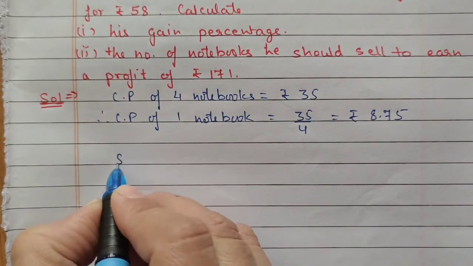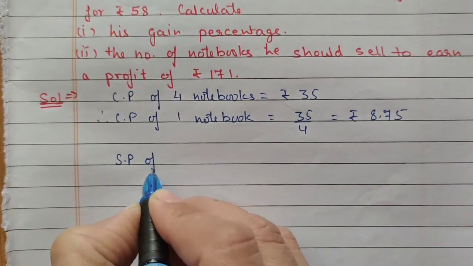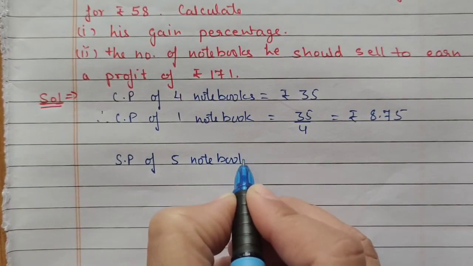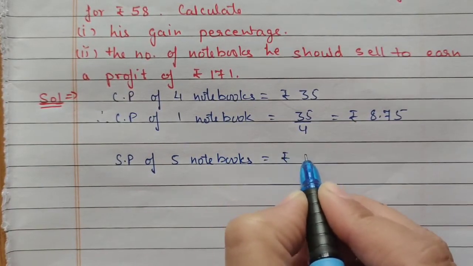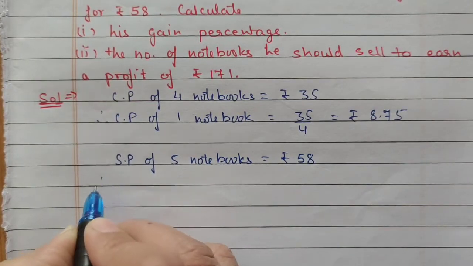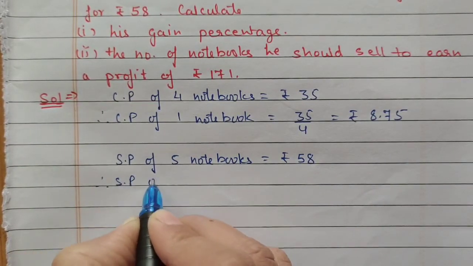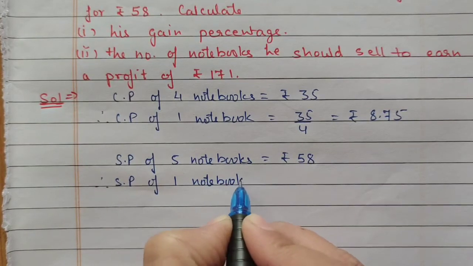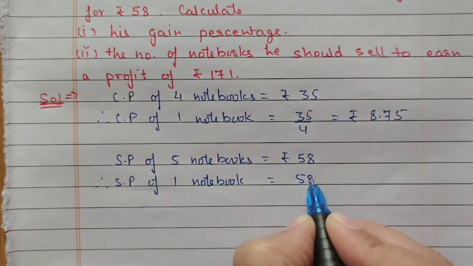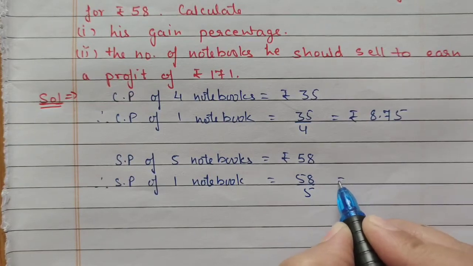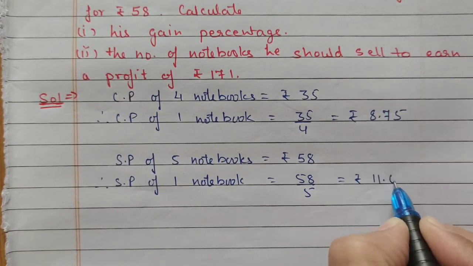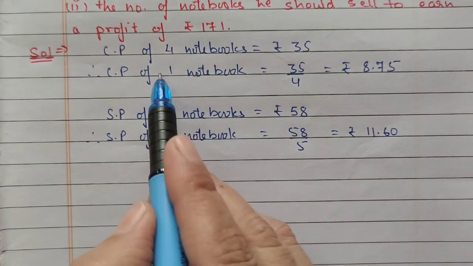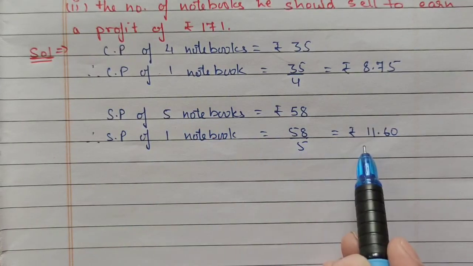Similarly we will calculate the selling price. SP of 5 notebooks is rupees 58. Therefore the selling price of one notebook will be 58 divided by 5, which is 11 rupees 60 paise. So for one notebook, the cost price is this and the selling price is this.